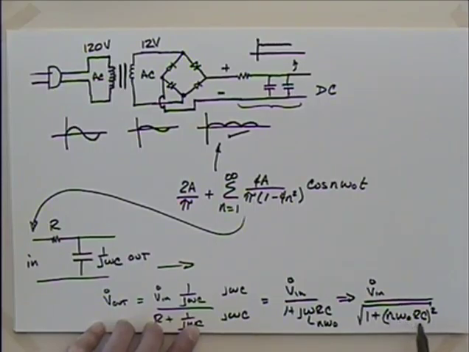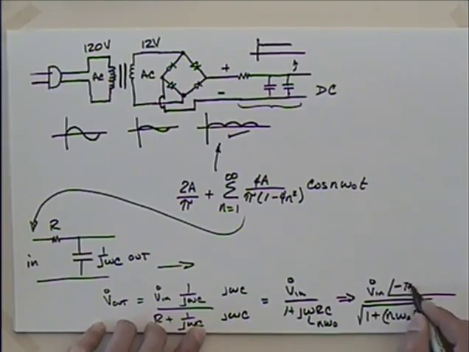And then that's going to have an angle. So I'll just put the angle up there. It's in the denominator, so it'll be a negative angle, because whatever angle we have on V in, we would have to subtract this angle. It'll be minus the arc tangent. We did a lot of this last time. Of n omega naught RC divided by 1, right?